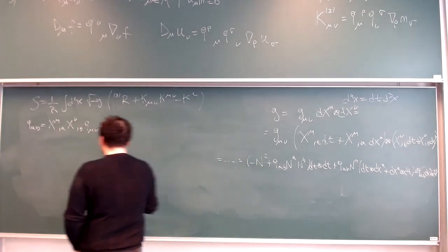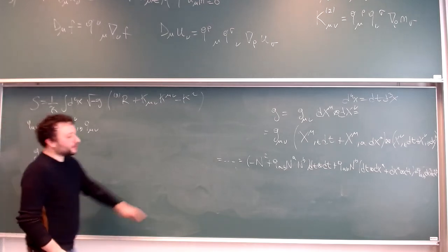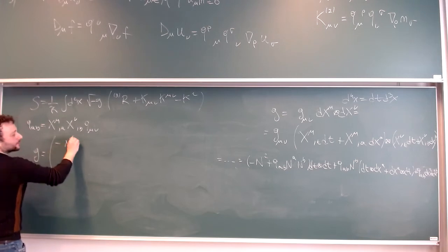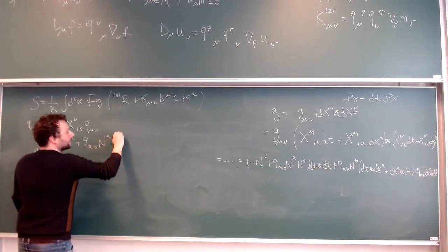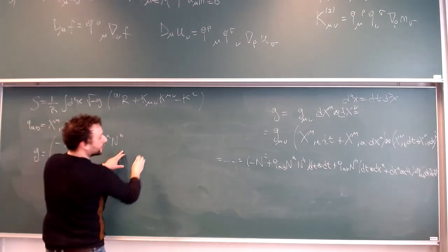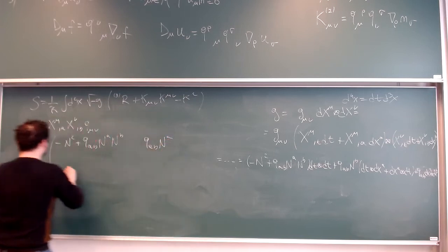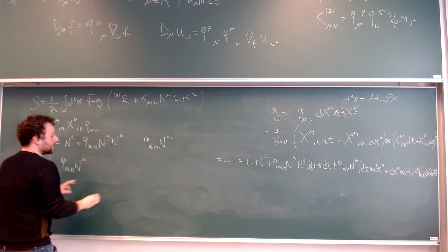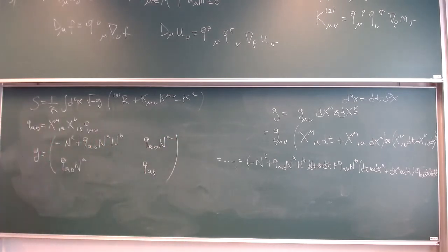So from this G, we can write it in the matrix. We see in the new coordinates as minus n squared. Okay, and here. All right.